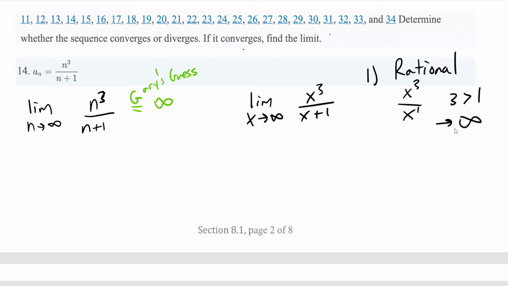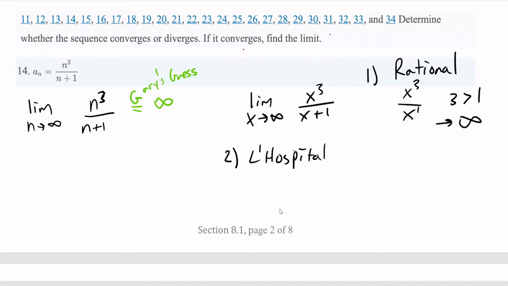This is something we learned about in pre-calc. If you get a rational function and the power on top is bigger, you're going to infinity. Okay, what's another way? Well, another way here is to use L'Hopital's rule.